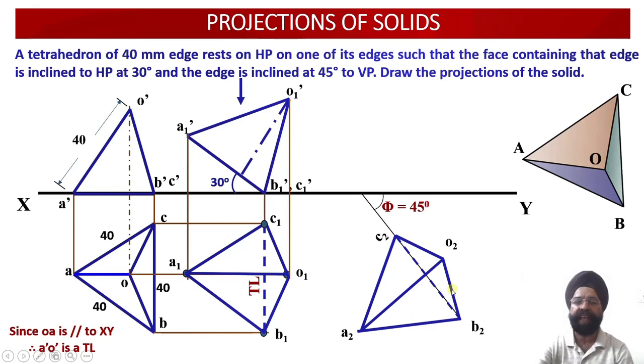Now let us see once again how rectilinear distances will be used to transfer this particular figure. I will mark this point as point number 1. This point will be my point number 2. This point will be my point number 3. So points 1, 2 and 3, the distances will be measured and these points 1, 2 and 3 will be marked over here.